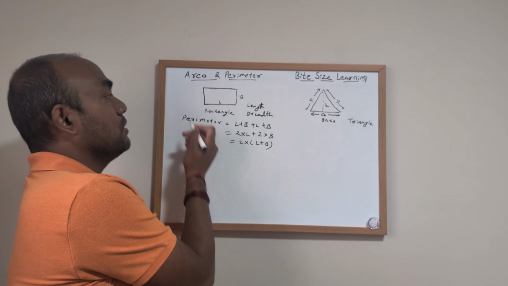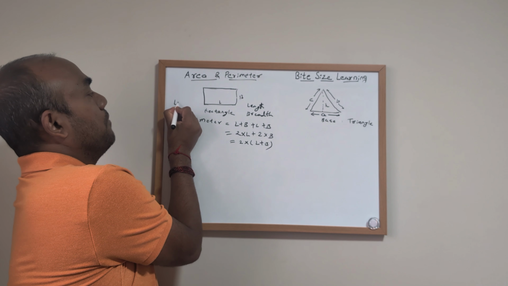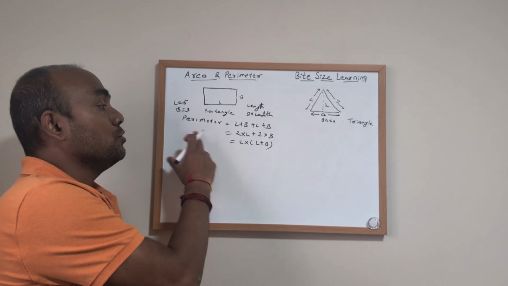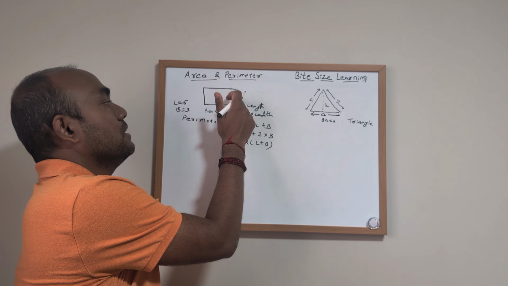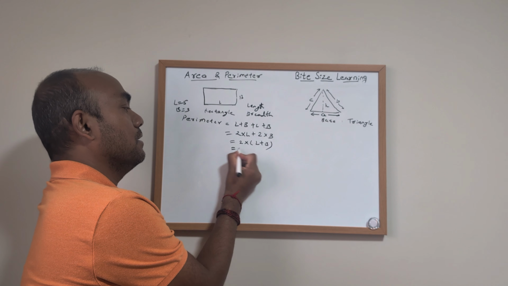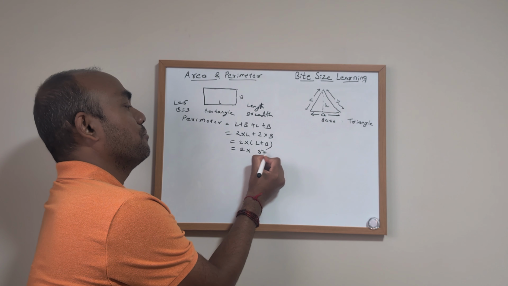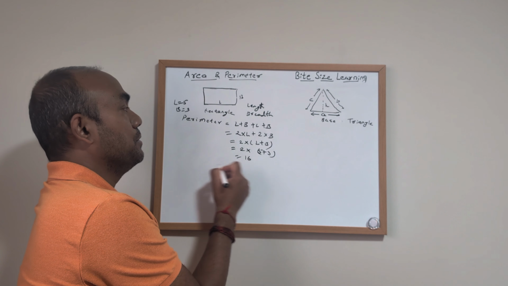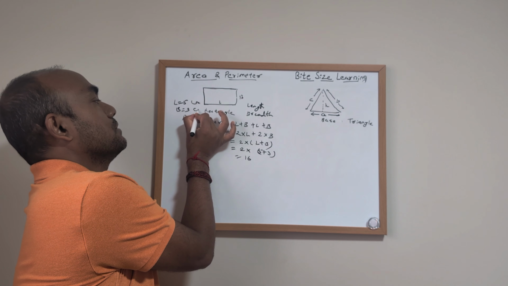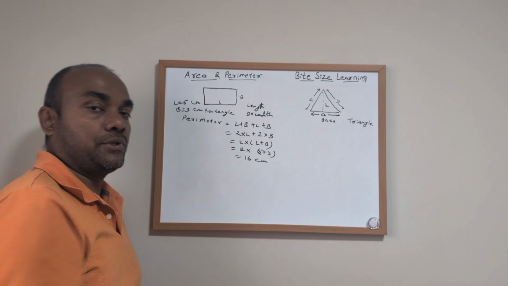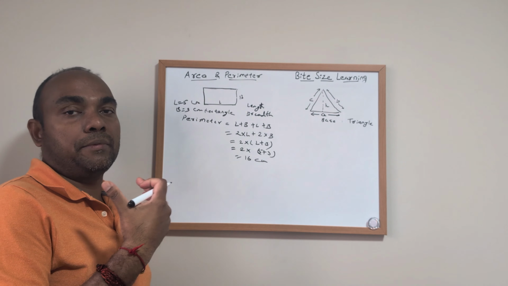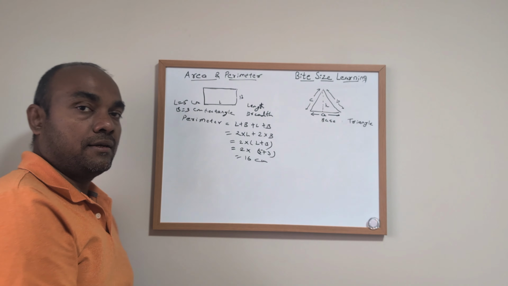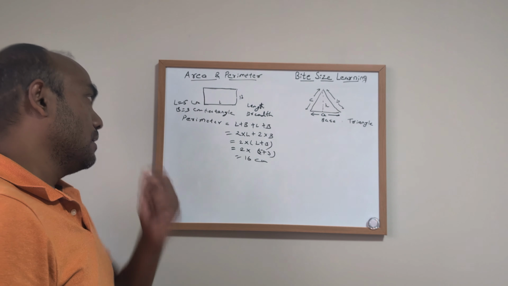Now let's say the length of your rectangle is 5 centimeter and the breadth is 3 centimeter. Using this formula, the perimeter will be 2 times (5 plus 3). 5 plus 3 is 8, and 8 times 2 is 16. It will be 16 centimeters. This is how you calculate the perimeter of a rectangle. The formula is 2 times (length plus breadth), like we discussed in our previous class.